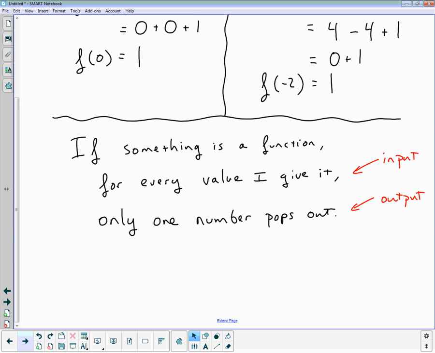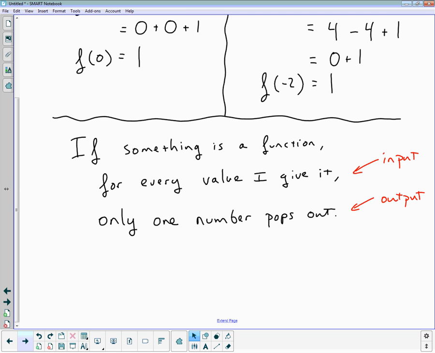For every input I give it, I get one and only one answer out of it. The way that I can kind of put this to you is like this. If you walk into a store and you see two items on the shelf, they could both have the same price tag. If you walked into a store and you saw an item for $10 and right next to it was a different item for $10, that wouldn't confuse you at all. Right? Two items can be sold for the same price.